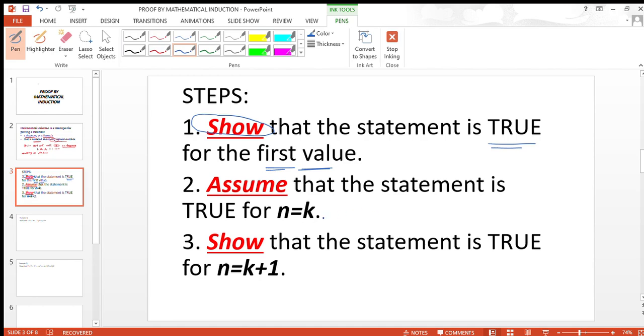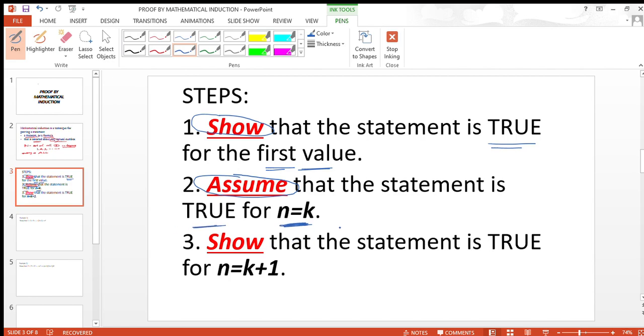And then for step number 2, in the formula given, we will now assume. So we don't need to show anything in step 2, but we will make this an assumption. We will assume that a value k in the theorem will be true.